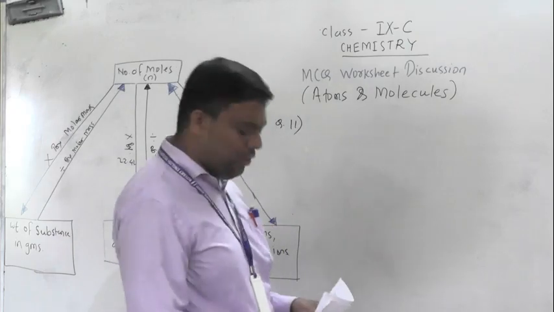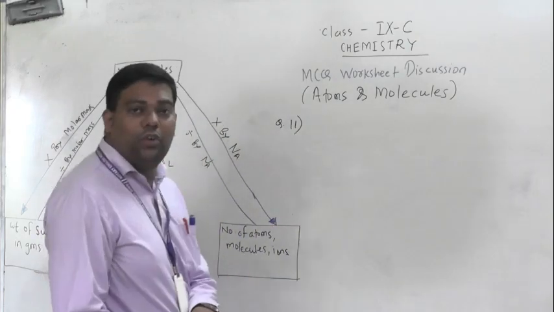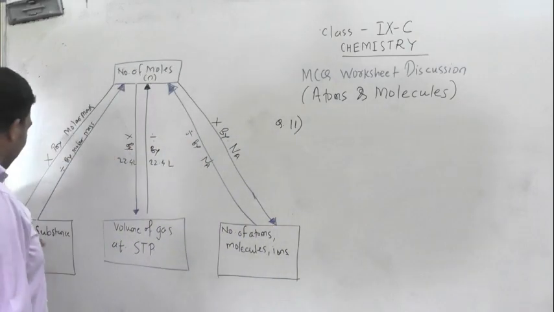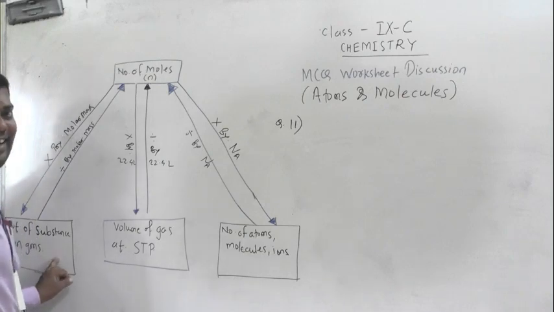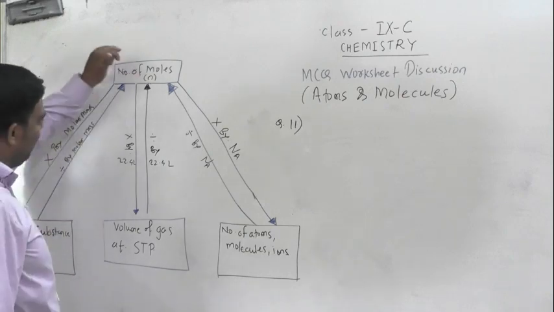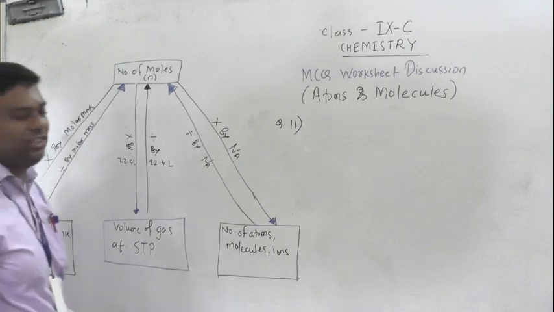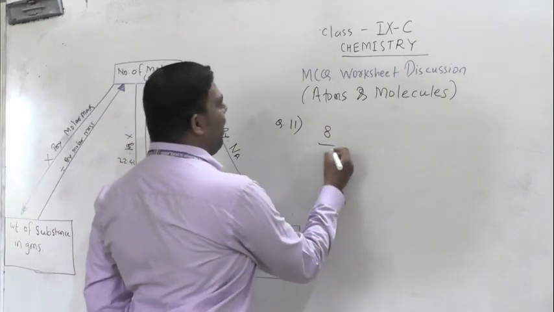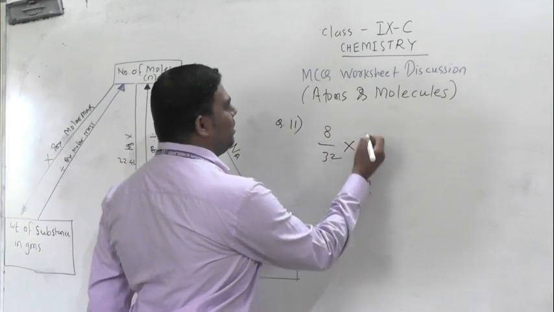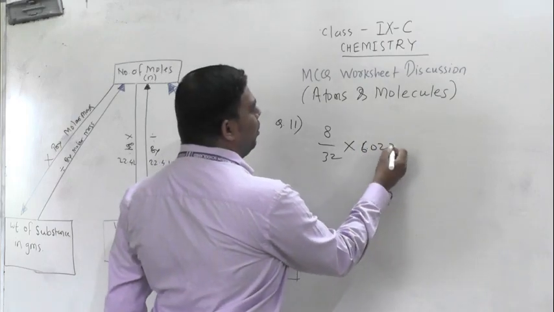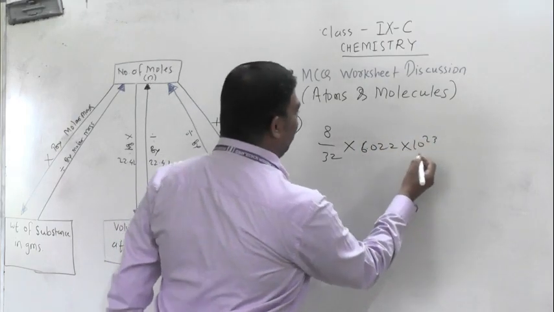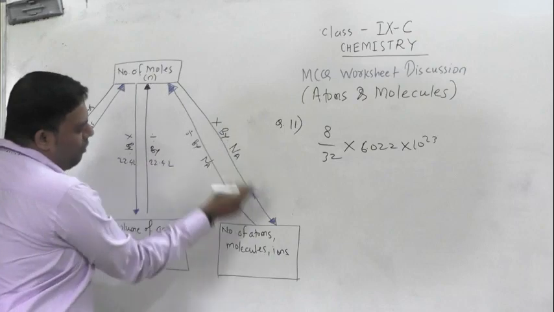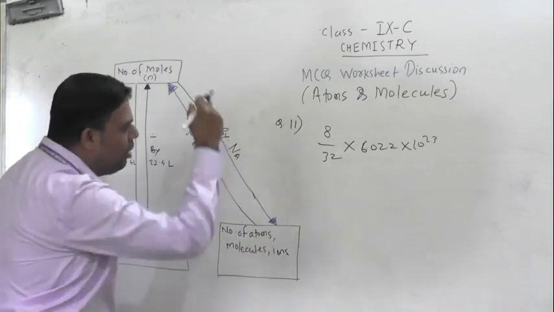So grams they give. How many molecules do we want? So see here, weight of oxygen they give is 8 gram divided by molar mass, how much? 32. So 8 divided by 32 into how much? 6.022 into 10 raised to 23, because from this whole graph, we want the number of molecules.